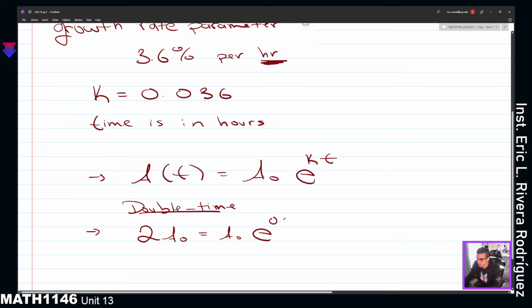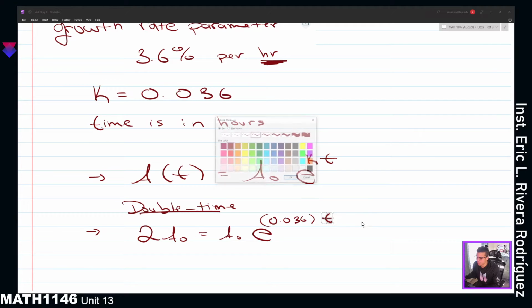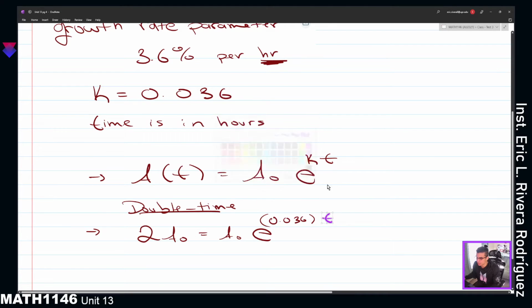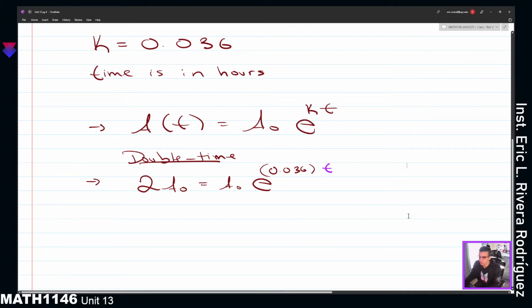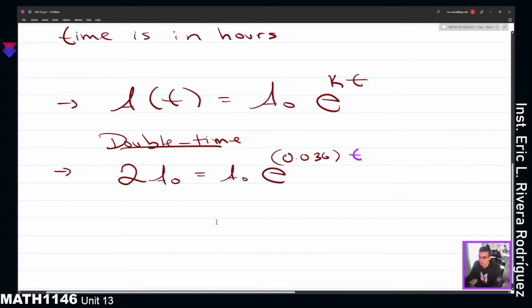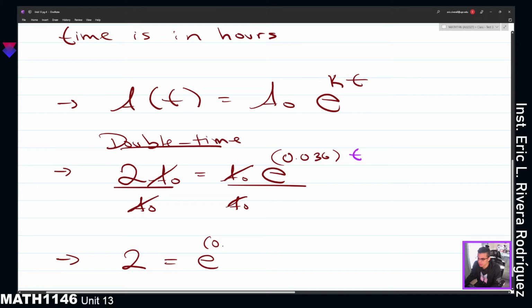K is going to be 0.036 and t, and we are looking for t because t here is the unknown variable. The double time gives us the opportunity to eliminate the initial amount factor on both sides of the equation. See that with the double time, 2 times a sub 0, now we eliminate the initial amount from both sides, and this is what we got.